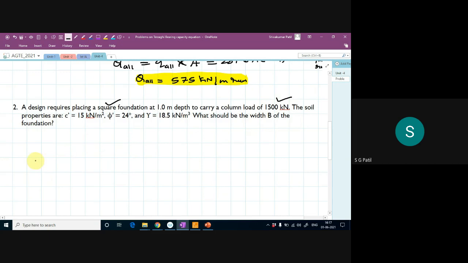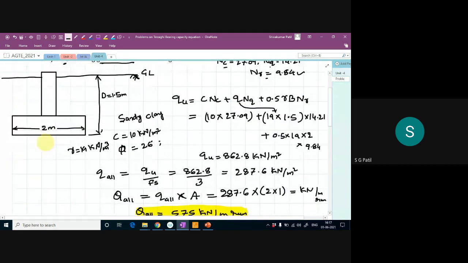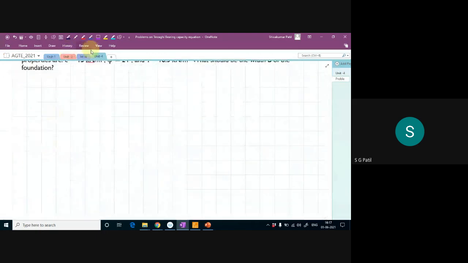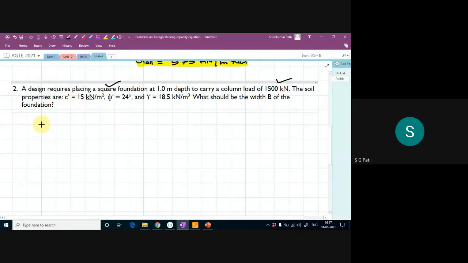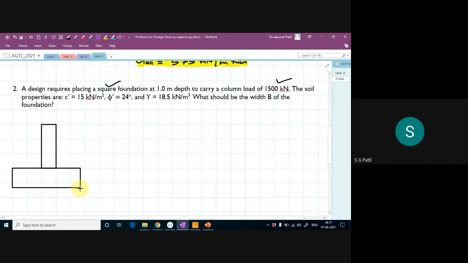So let me first draw the figure here. How much load are they putting on this column?